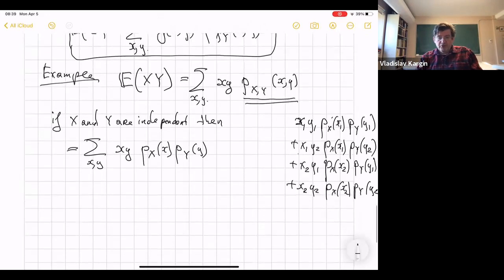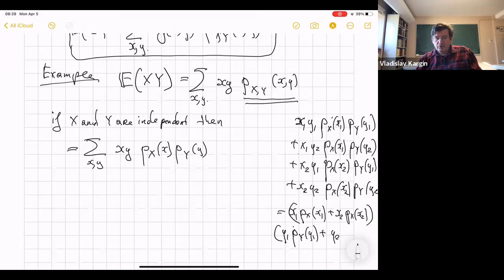Then you notice that you could write it like this: x1 p_X of x1 plus x2 multiplied by p_X of x2, multiplied by y1 p_Y of y1 plus y2 multiplied by p_Y of y2. If you compare, it is the same thing. It is just a product of these two factors.